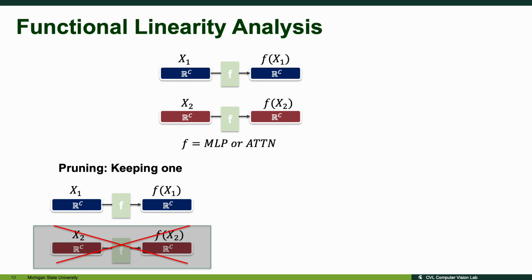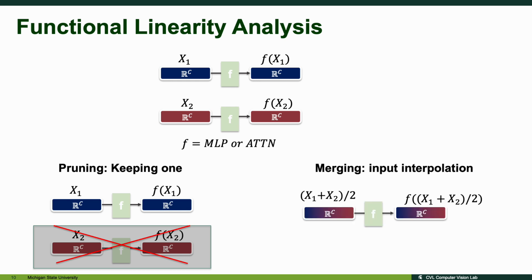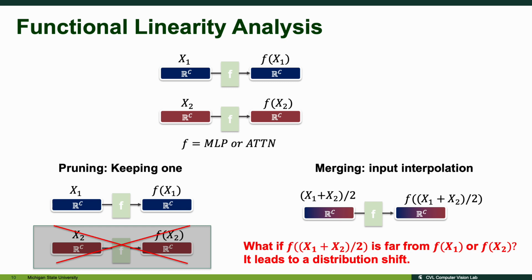In the case of pruning, when we remove x2, we are essentially discarding f(x2) as well. However, for merging, when we combine x1 and x2, the average token becomes the input for the nonlinear function f. A critical question arises: what if f of the average significantly deviates from the f value of each individual x? This could potentially lead to a shift in the distribution.